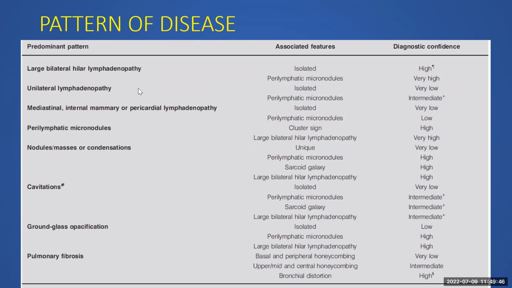To summarize, the important things are symmetrical bilateral hilar adenopathy, perilymphatic micronodules, and your sarcoid galaxy. These are your more classical representations of sarcoid on CT, or even on a chest radiograph.